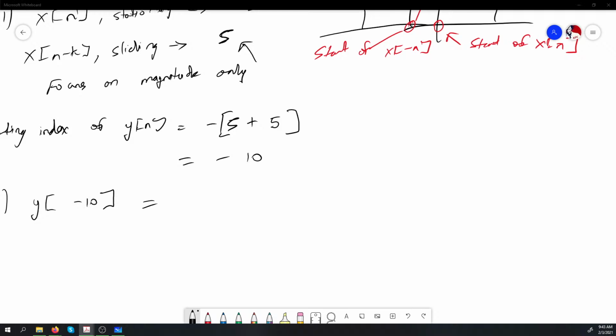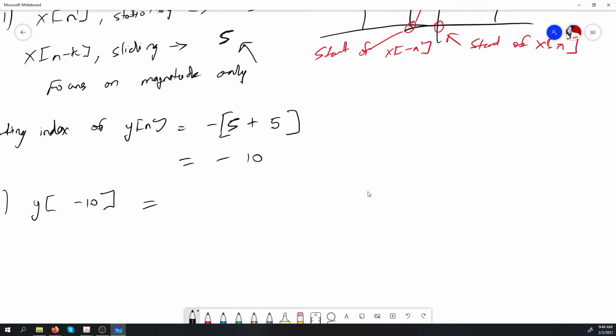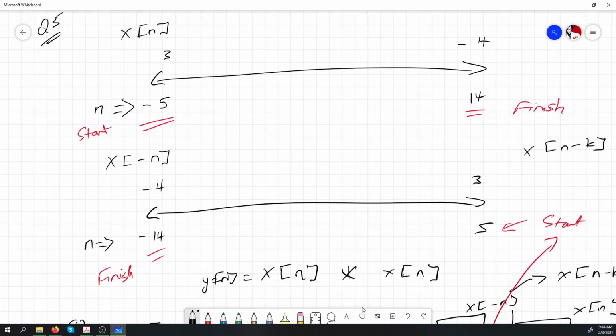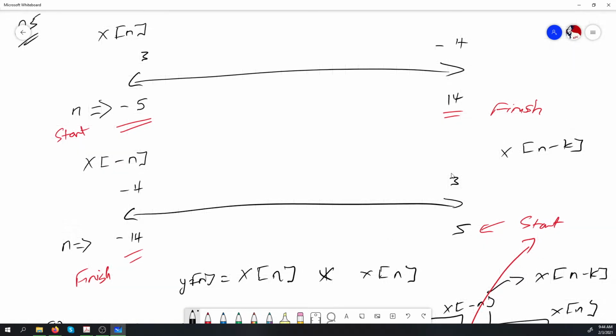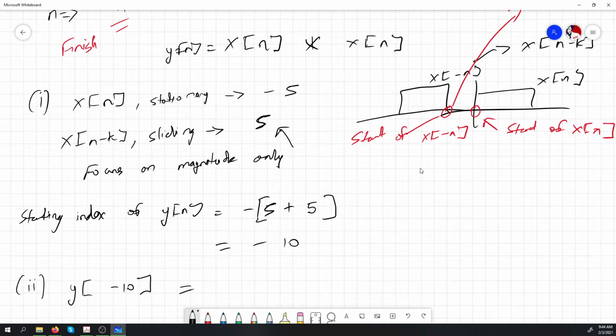Let me just make sure it was that. Oh, whoops, sorry, I said that wrong. Our start here was 3, and our start here for x of n was also 3. So that's just 3 by 3, which gives us a value of 9.